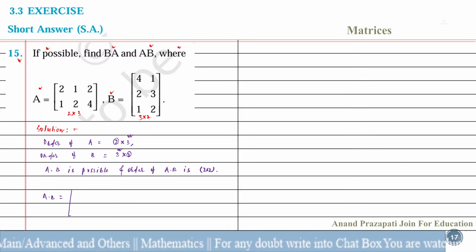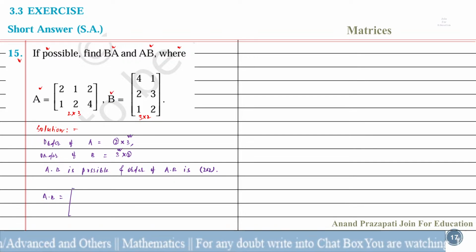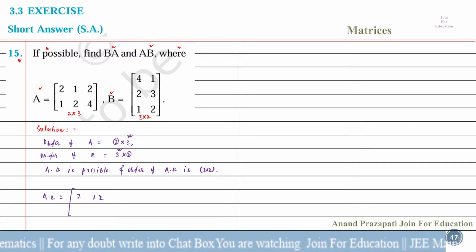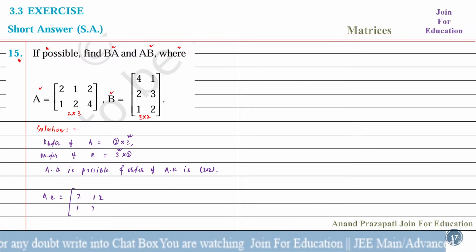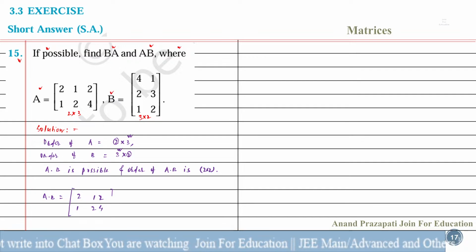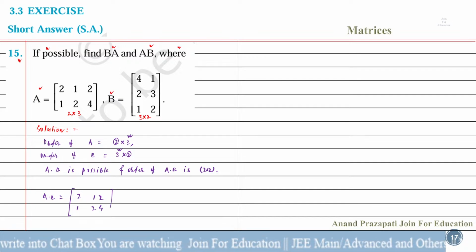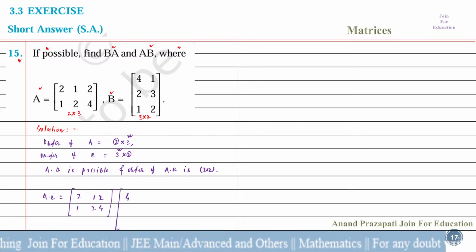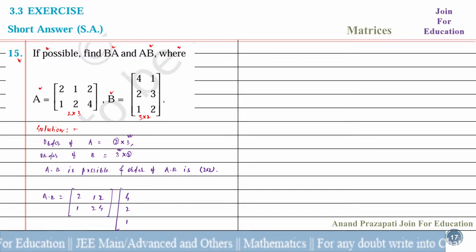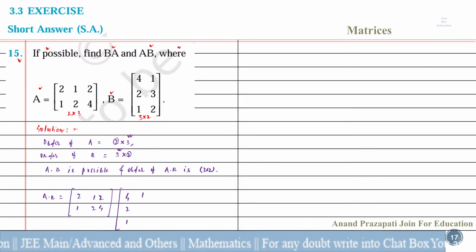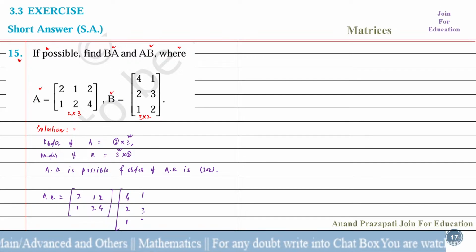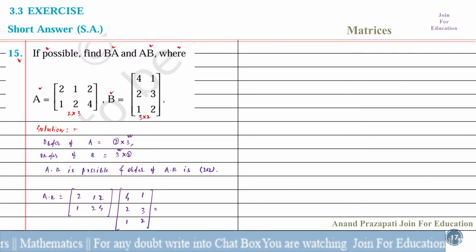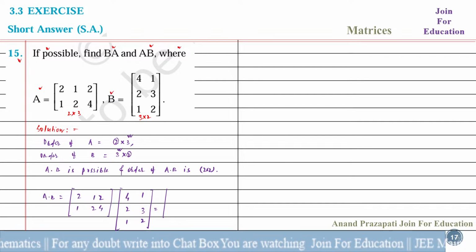Then we write down here 2, 1 and 2 and here 1, 2, 4 and again we write down here 4, 2, 1 and 1, 3, 2. So here will be 2 by 2.